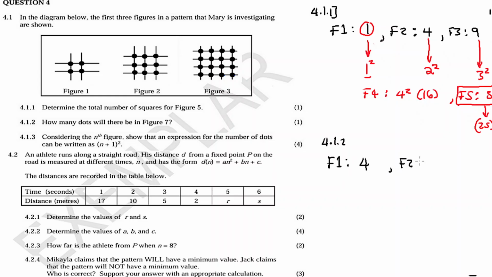Figure number 2, how many dots? 9. And then figure number 3, how many dots? 1, 2, 3, 4, 5, 6, 7, 8, 9, 10, 11, 12, 13, 14, 15, 16. 16. Again, 4, 9, 16.